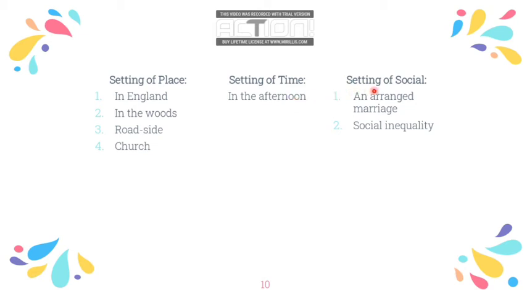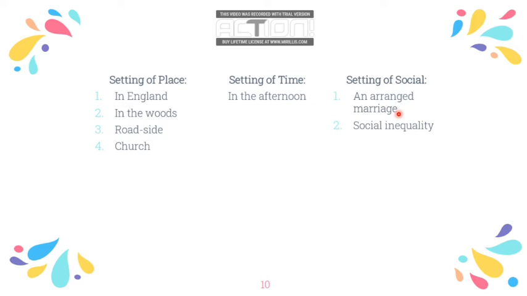And the last is setting of social. For the setting of social, there are two. The first is an arranged marriage. In this story, it shows us that in that era, arranged marriage existed.